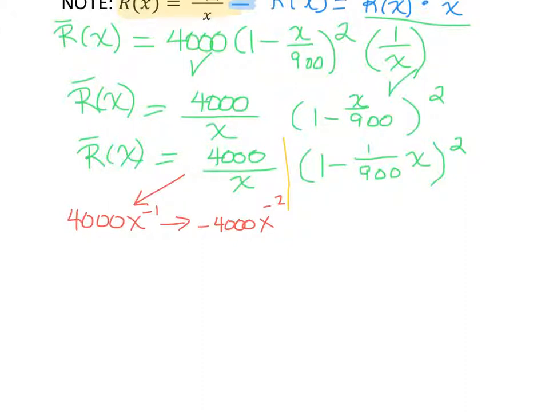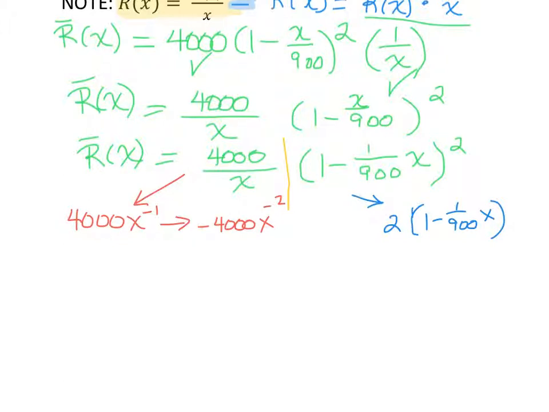And then the derivative of the second factor is a chain rule problem, so we're going to bring the 2 down in front, keep what's in the parentheses. And when you subtract 1 from 2, you get just 1.